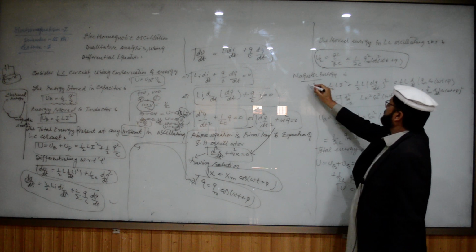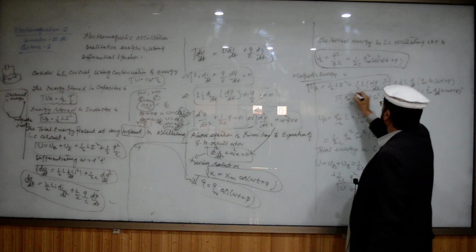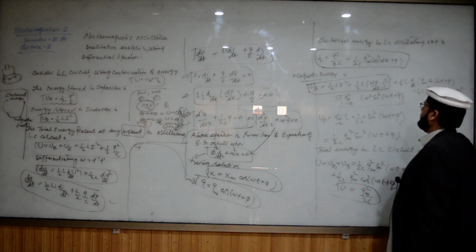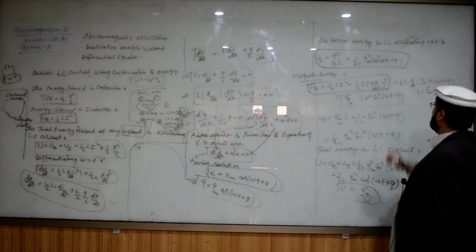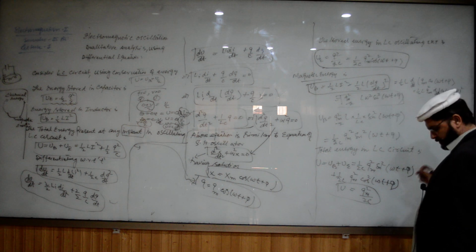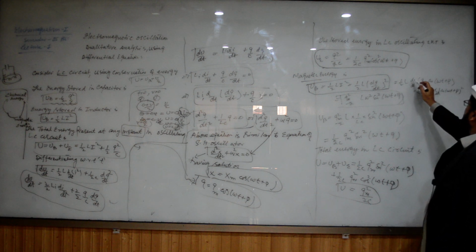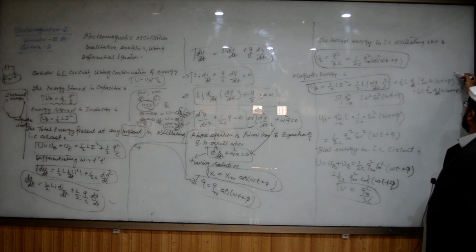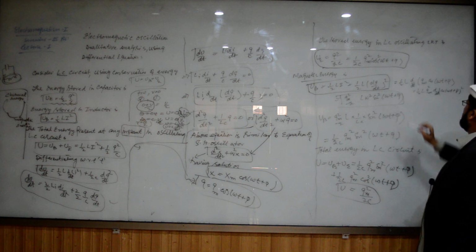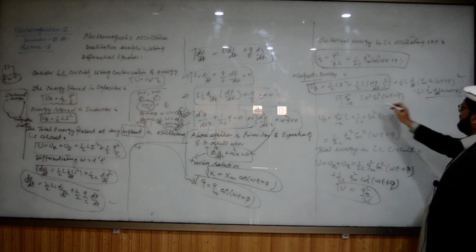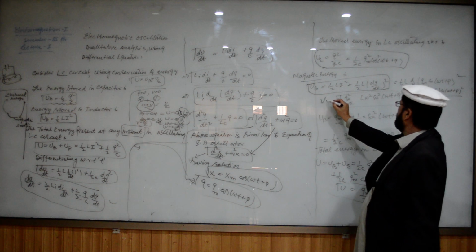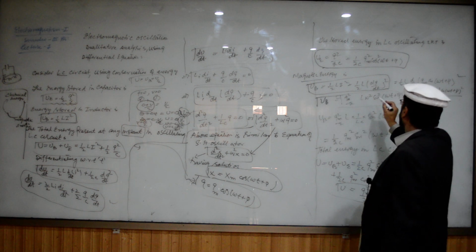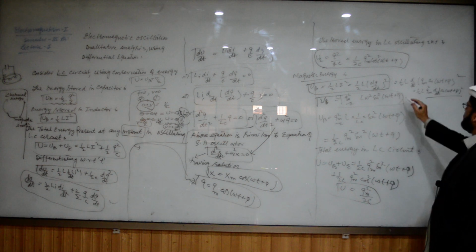Now the magnetic energy. UB is equal to 1 by 2 L i square, or 1 by 2 L, i is dq by dt, whole square, which is equal to 1 by 2 L, taking the derivative, since it is in square, take its derivative. After the derivative you will get Qm square by 2 L omega square sin square omega t plus phi.